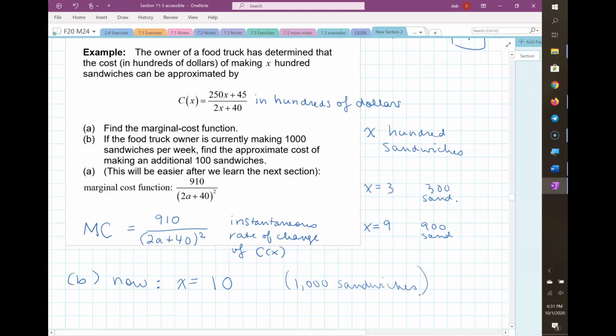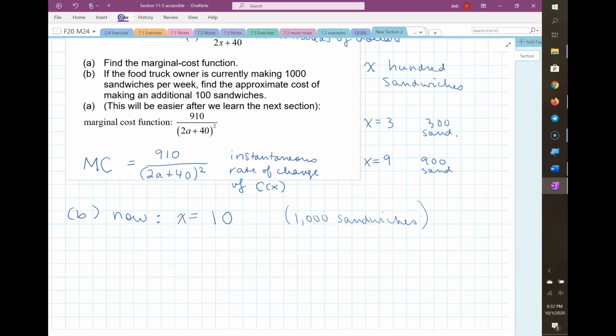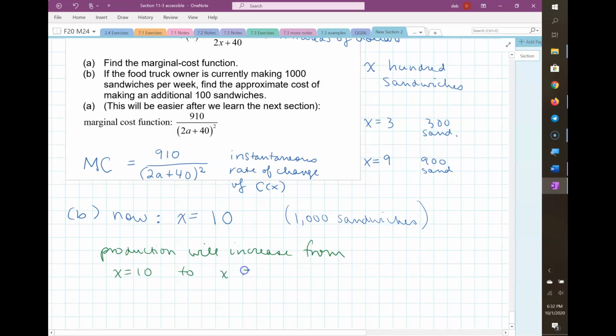So if he's currently making 1,000, and we want to find the approximate cost of making an additional 100, so the story we're looking at is production will increase from X equal 10 to X equal 11, right? An additional 100 sandwiches means X just goes up by 1.